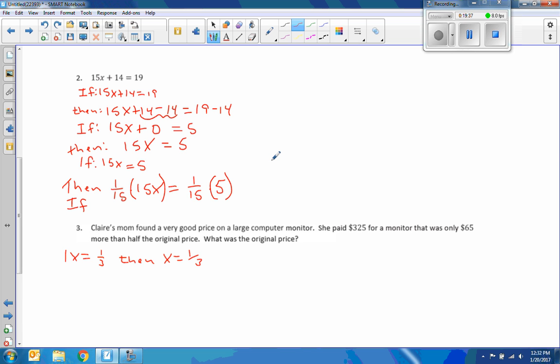Okay, now what are the steps we'll do? Okay, right here, this is the subtraction property of equality for the additive inverse of 14.